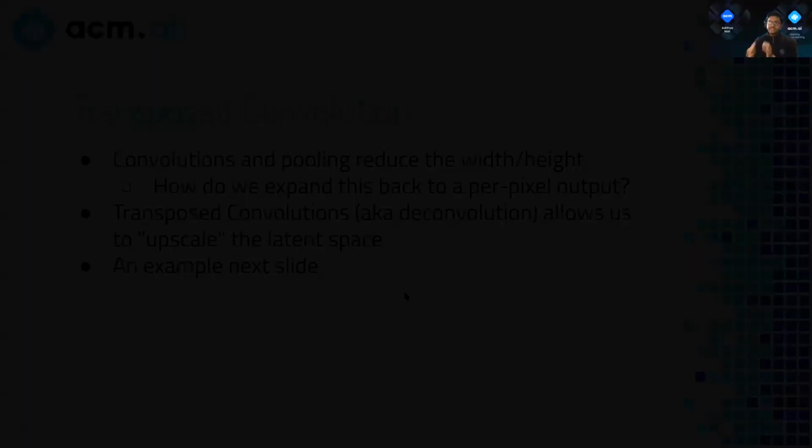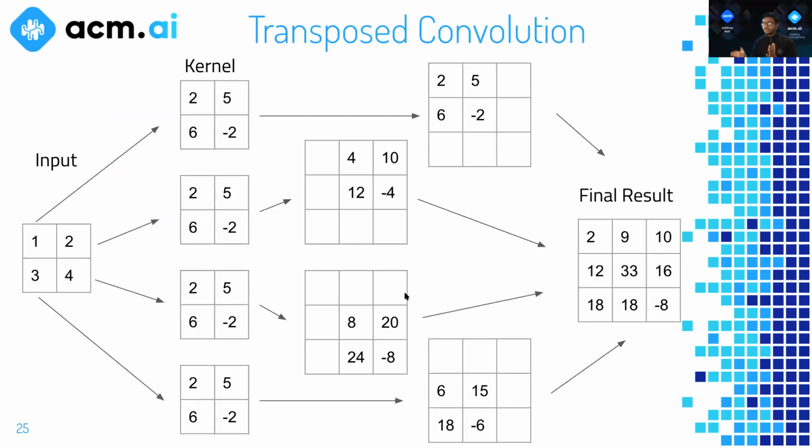So this is a very simple example of how transpose convolutions work. This is just a 2D image and a singular kernel, so it's a very basic example, but the way it works is, let's take a look at the top left corner of our input. We have our kernel, which is 2, 5, 6, and -2. We do an element-wise multiplication with that kernel.